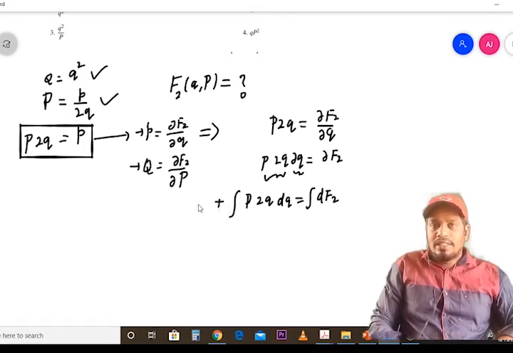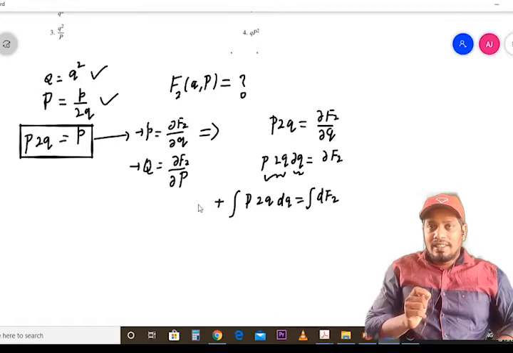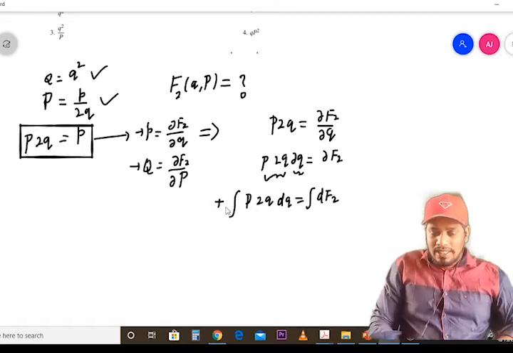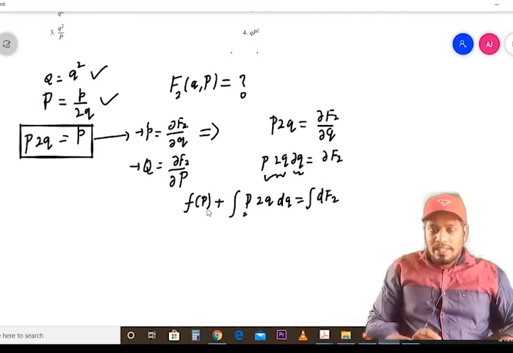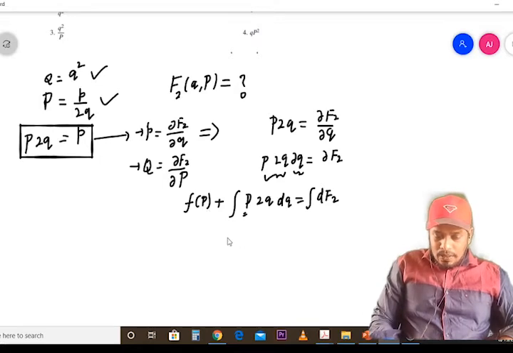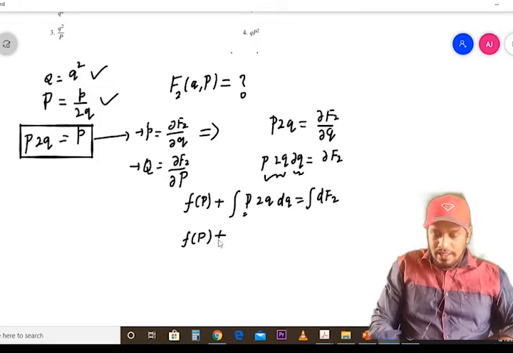The constant carries the independent variable of the integration, that is, capital P. So the constant is a function of capital P, f of P, an integration constant because it's an indefinite integral.